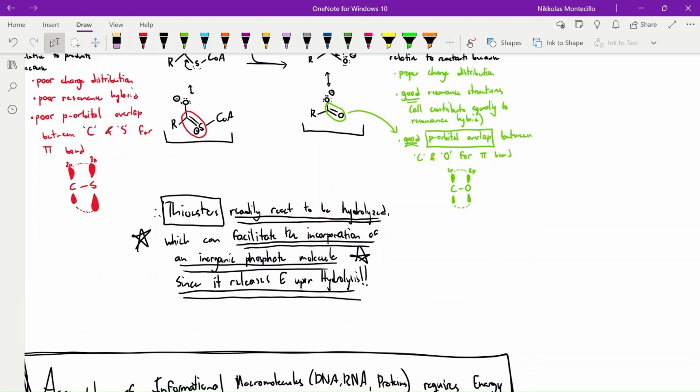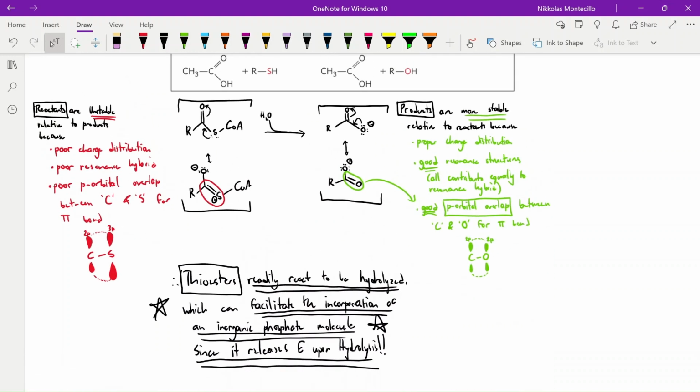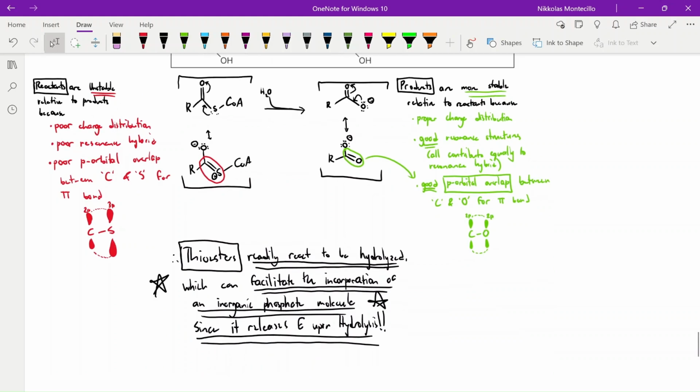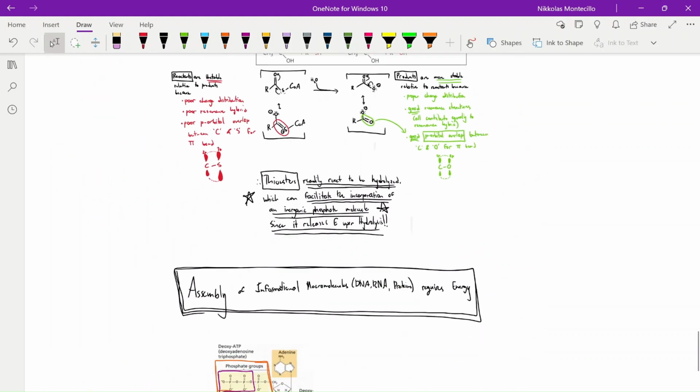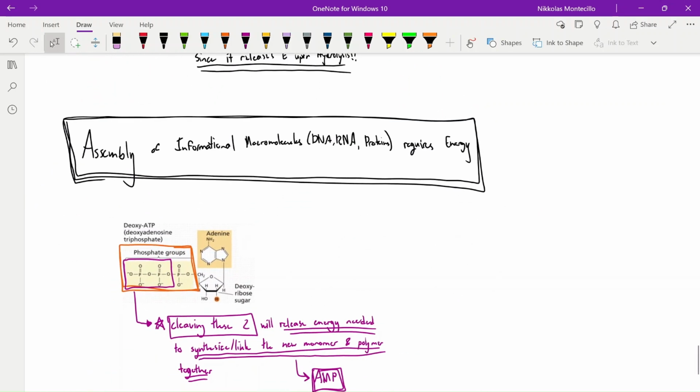Therefore, thioesters readily react to be hydrolyzed, which can facilitate the incorporation of an inorganic phosphate molecule since it releases energy upon hydrolysis. This is just another thing showing that an assembly of informational macromolecules, DNA, RNA, proteins, requires energy. So cleaving these two will release energy needed to synthesize or link the new monomer and polymer together, right?